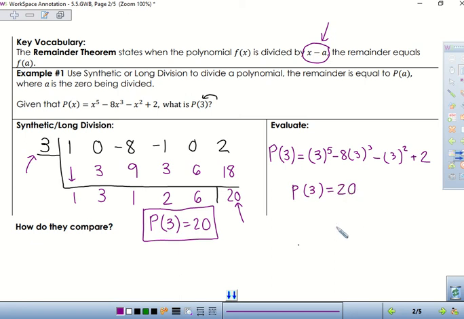So what you're going to notice is whether you do synthetic division to evaluate or you just plug numbers in, you get the same results. So that's the main idea to understand there. And is x minus 3 a factor? What do you guys think? No, because the remainder is not 0.